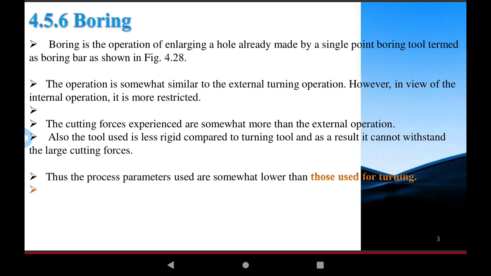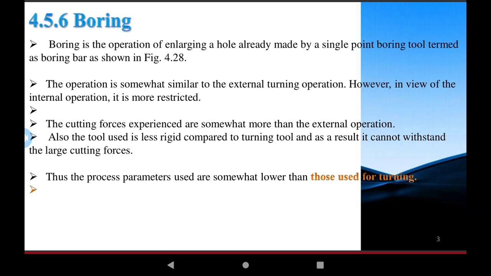The third part of the machine is the tail stock, or dead center, which supports the workpiece.